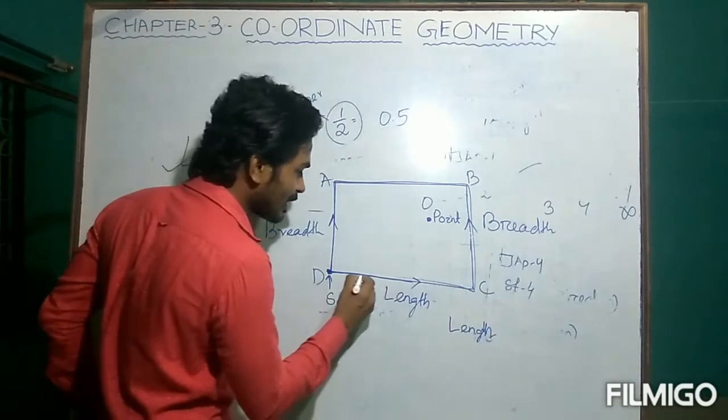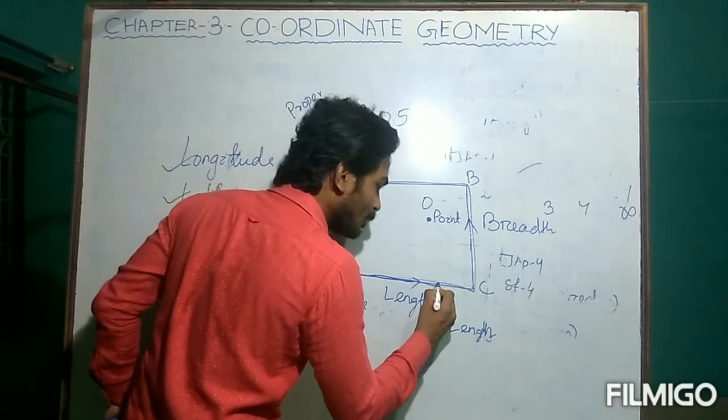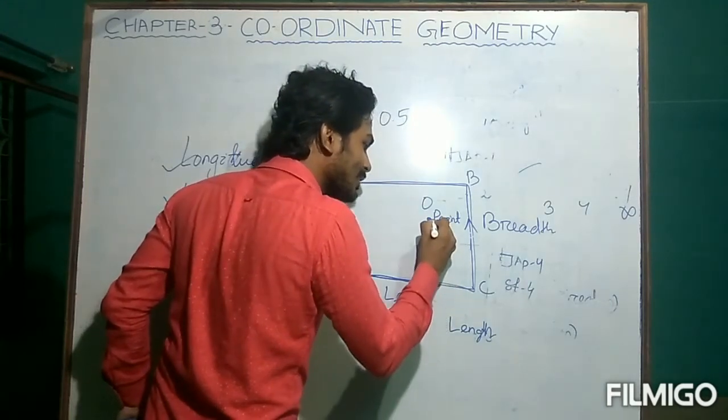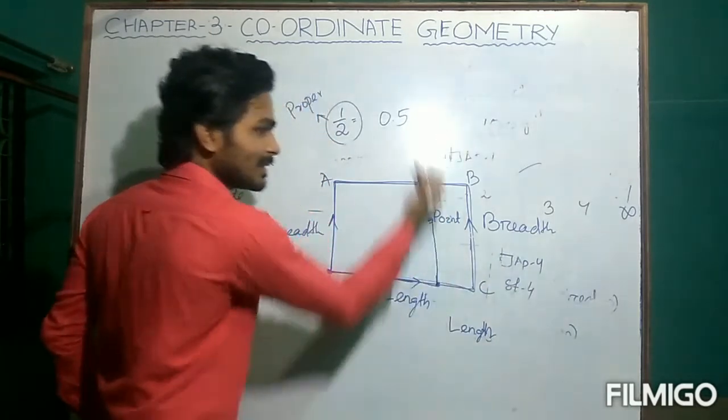This is length. So we have to go through length. Then at this point, we have to again go through this direction. And this direction is what? This is breadth.